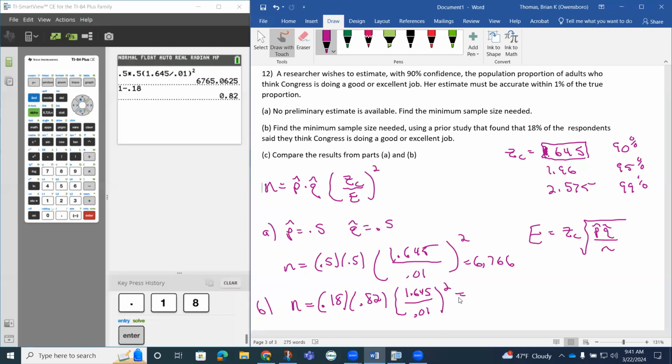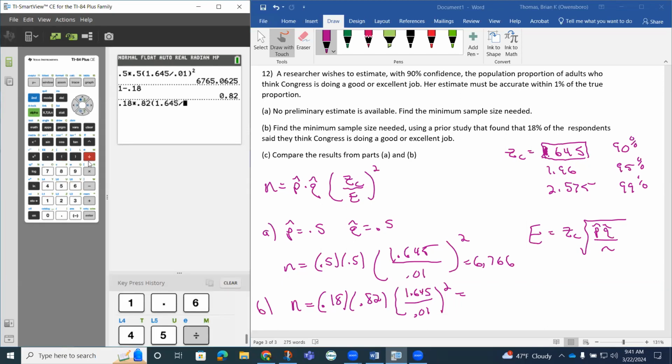So now we actually have some data. So notice how now, instead of this 50%, we're now looking at 18%. So let's see what that does to our data. So 0.18 times 0.82. And then in parentheses, we've got this 1.645.